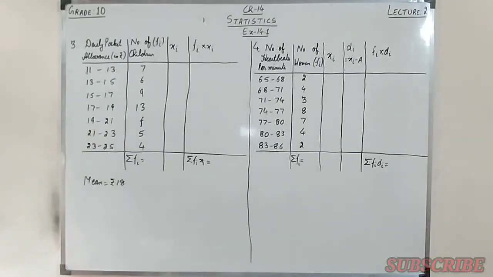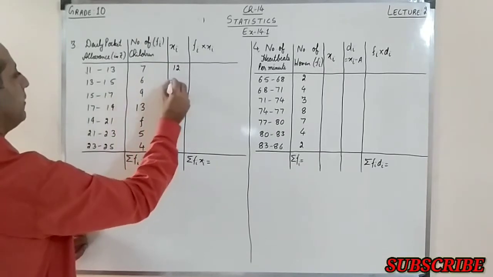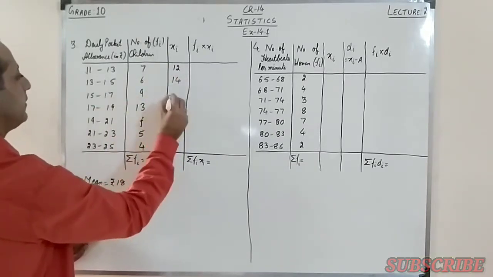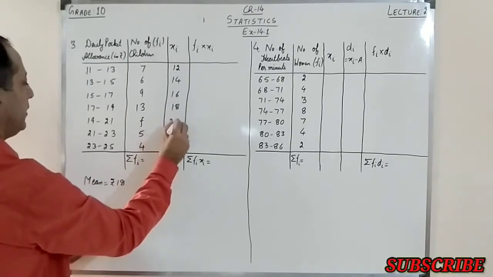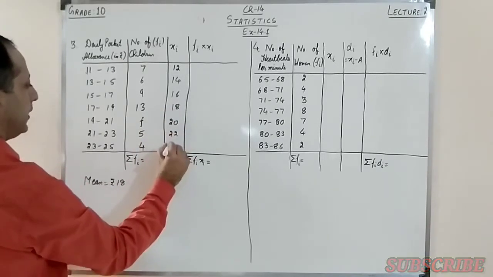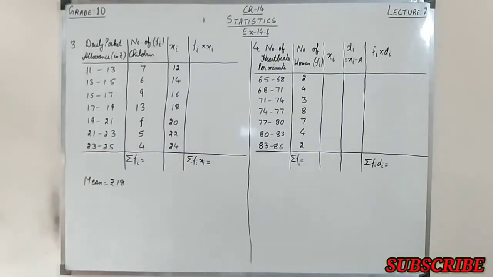And we have to find the value of this frequency. So how can we find it? We are using the direct method. First of all, let's find the class marks. The first class mark will be 12, then 14, 16, 18, 20, 22, and 24. Last column, fi multiplied by xi.